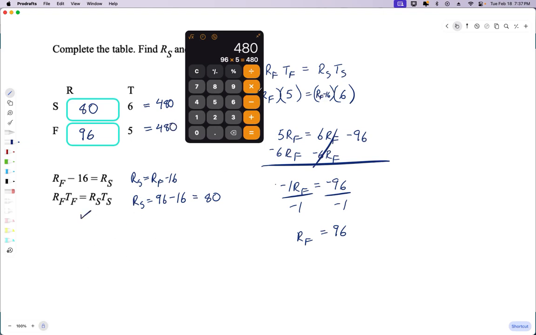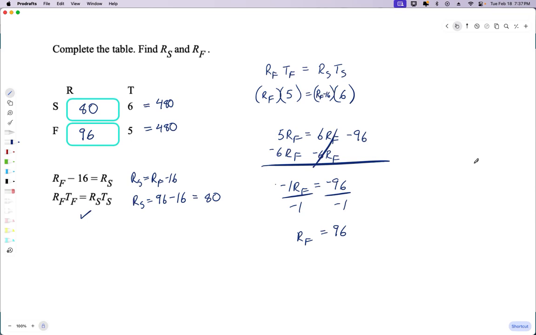This is a true statement, so we did it right. All right, that's all we're doing. We're just checking our work whenever we figure out the distances. Remember, rate times time equals distance. So this statement right here is just saying the distance of this is equal to the distance of this. And we just figure out what those two variables on each side mean.